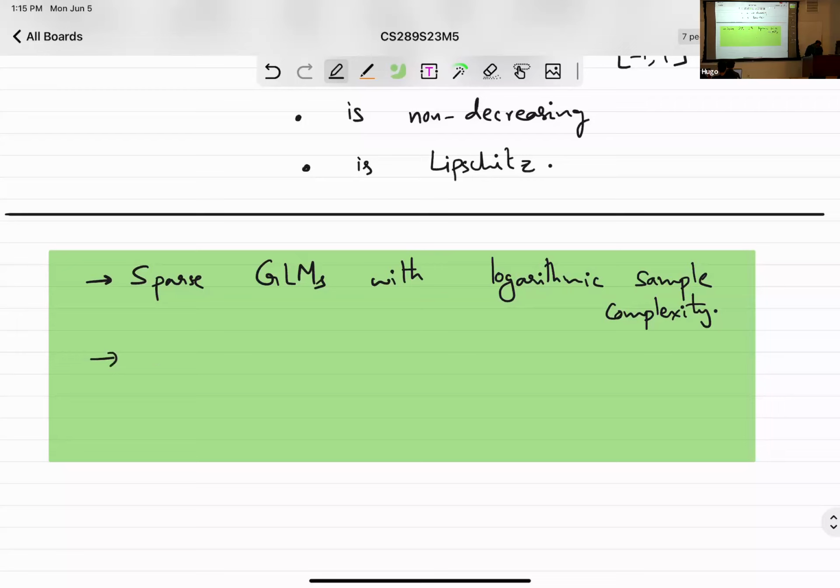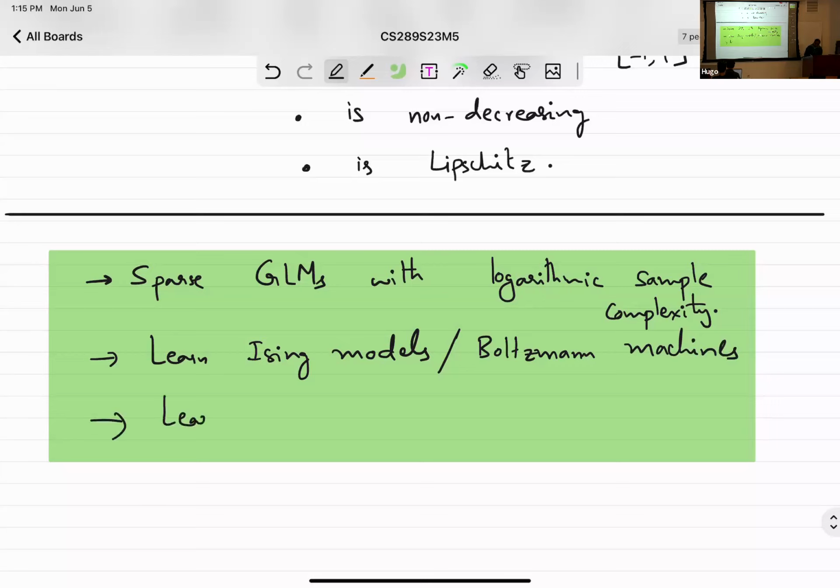And then once we have this, we know how to use this to learn Ising models and Boltzmann machines. Okay. And something we did not discuss, but you can also apply Sparsitron to learn Markov random fields, t-wise.